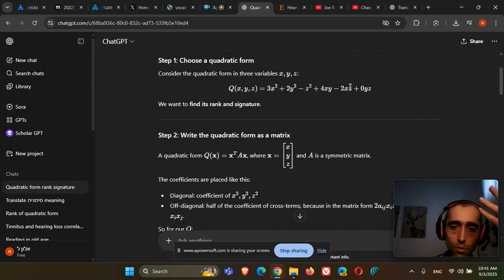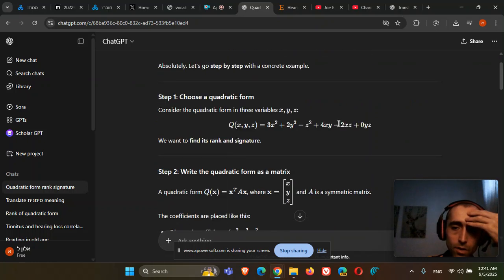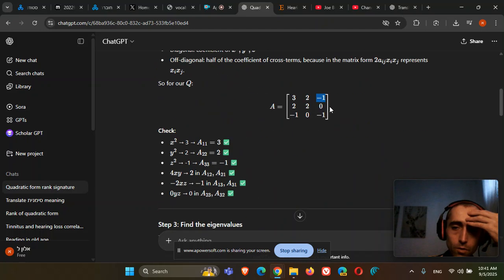For xz, z is the third, so x first, so here is the xz, and again I divided by 2, so minus 2 divided by 2 is minus 1, so here is minus 1, here is minus 1. You see the symmetry, so you can see where each coefficient came in each position.